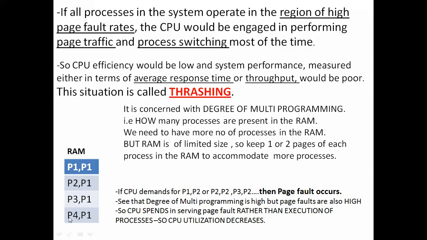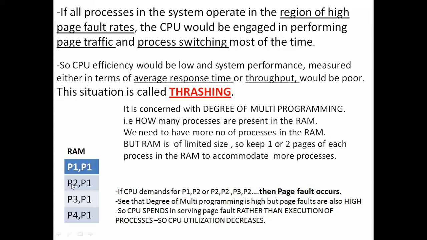number of processes. Say for example, here I've taken that P1, P2, P3, P4 are the 4 processes, and only the first page of all the processes is being stored in the RAM. Suppose now our CPU is demanding the second page of all these processes, or say the third page of all these processes.